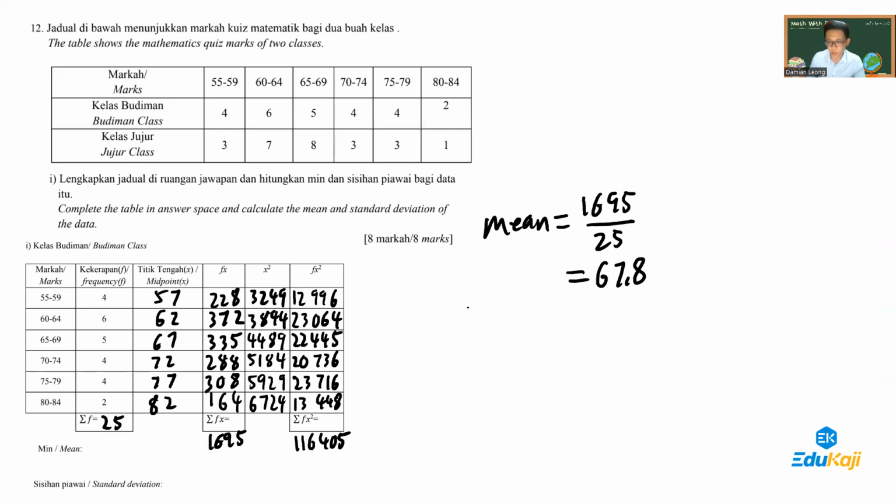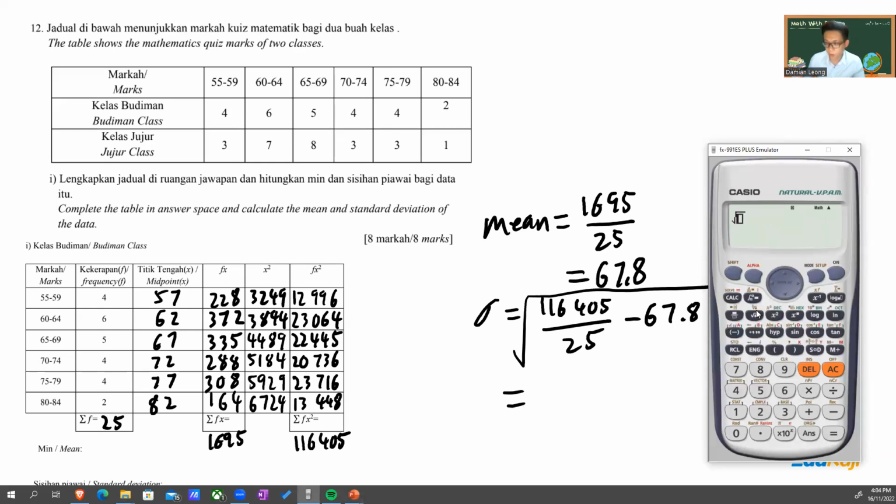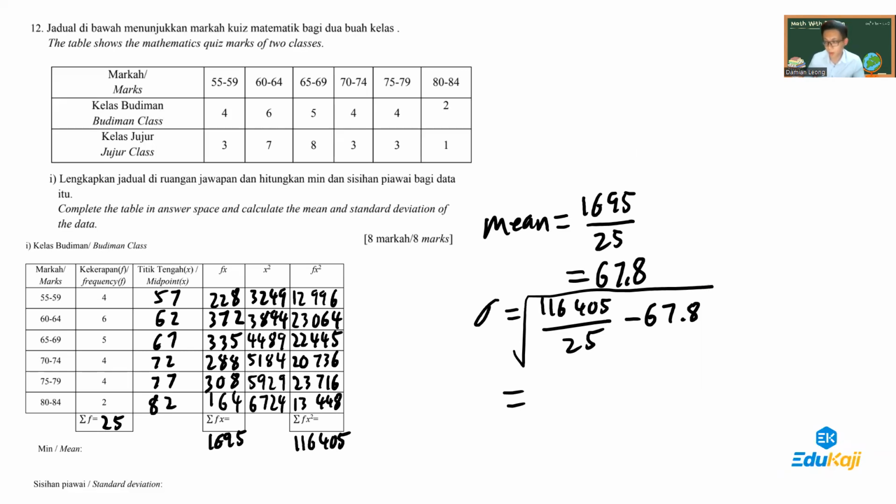And standard deviation is the square root of sum of fx square over n minus mean square. Square root of 116,405 divided by 25 minus 67.8 square.